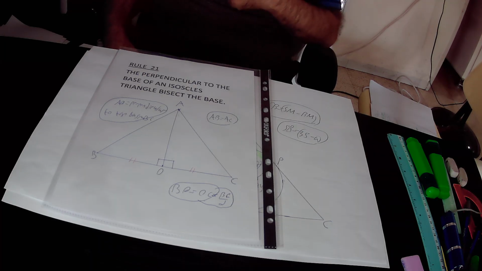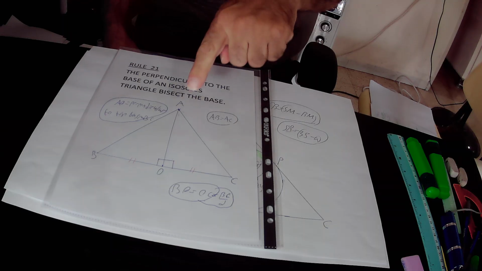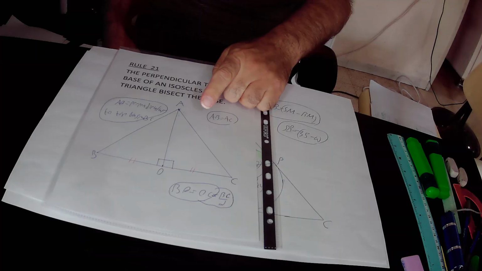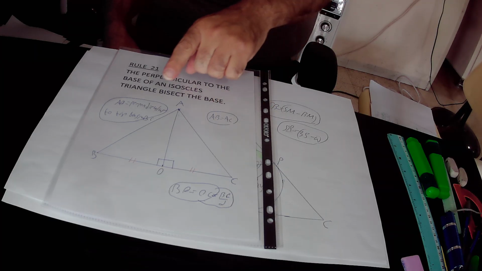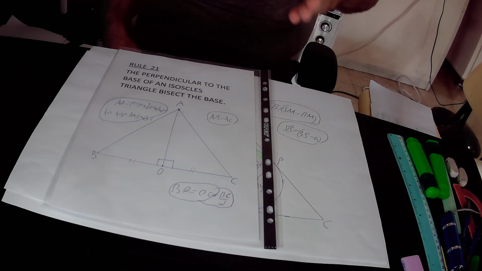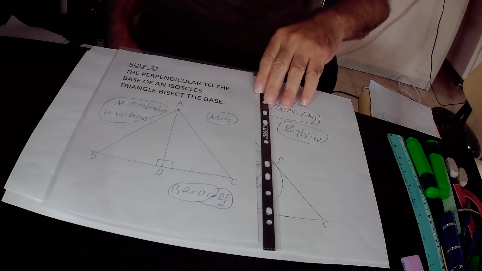According to rule 21, the perpendicular AO bisects the base BC. If BC is bisected, it means that the first half BO must be equal to the second half OC, and each half must be equal to BC over 2. So BO equals OC equals BC over 2.